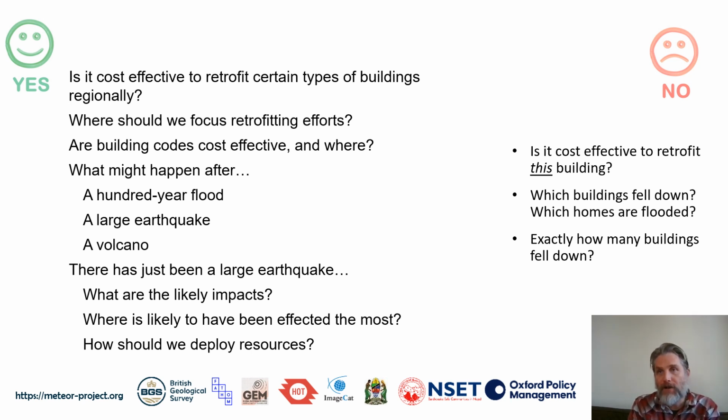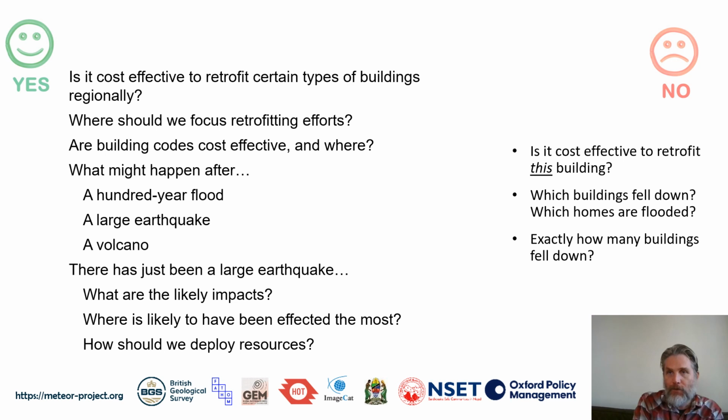Is it cost effective to retrofit this specific building? Which buildings fell down? Which homes are flooded? Exactly how many buildings fell down? It's all based on an estimate, dependent on the rule of large numbers. We try to correct for bias as much as we can during that process.